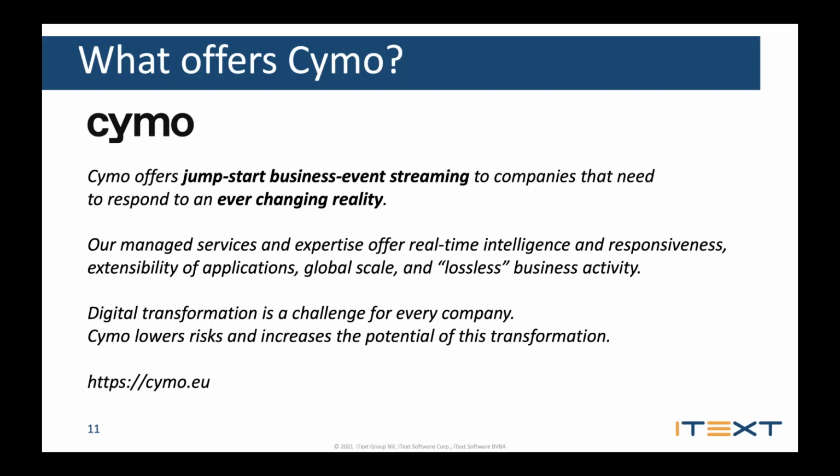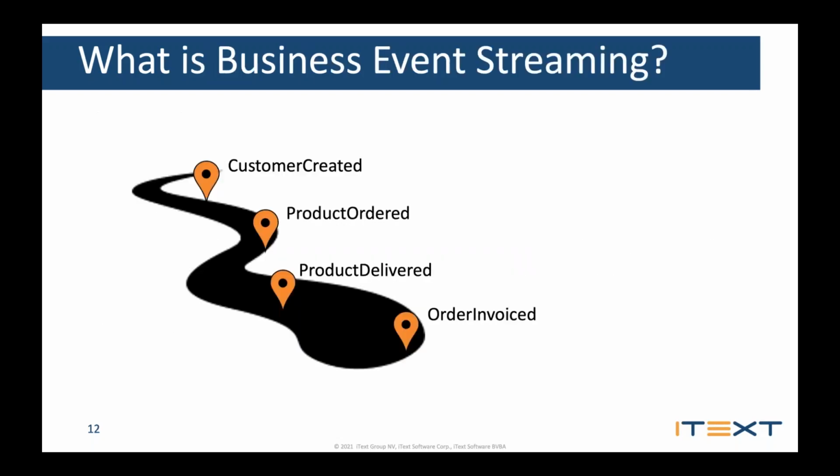But what exactly is a business event, you could ask yourself. On a high level, it's really simple. It's business language to start with. It's something that you let your systems express that everyone understands. If your CE system creates a customer, let's name it customer created.